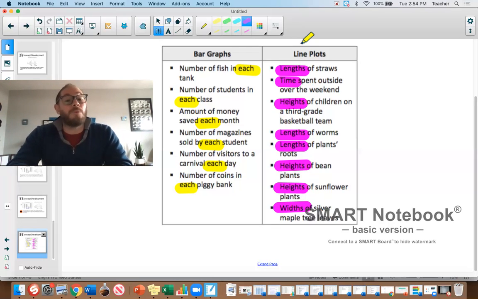No, for that we would count. Can we measure how many students are in a class? No, for that we would count. Can we measure how many visitors come to a carnival every day? No, for that we would count. So if we're counting, we use a bar graph. If we're measuring, we use line plots.